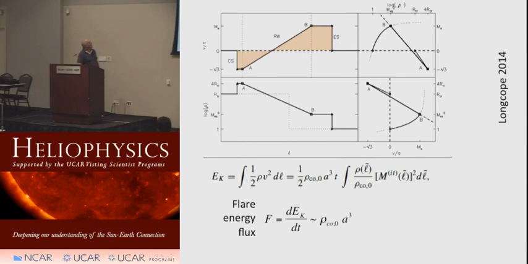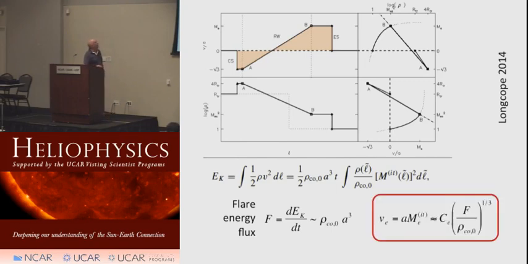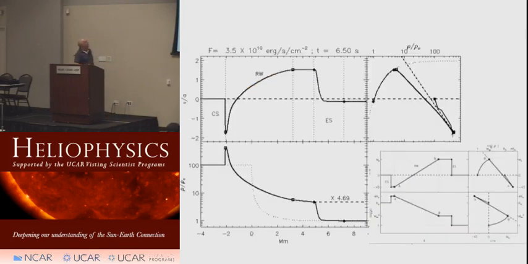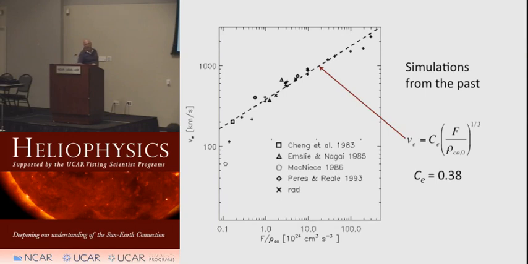I will skip through this because basically this is me translating the Mach number into a flow velocity, but I'll show you that for a real series of runs, going back into the 80s, Peter McNeice, a few in the 90s, my own runs in the 2000s, which I did just 2 years ago.